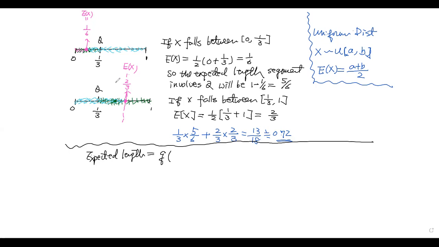And now what is the expected length? Remember, if you put it into the general situation here, so let's try to put here. This is a Q, right? So this probability is a Q.